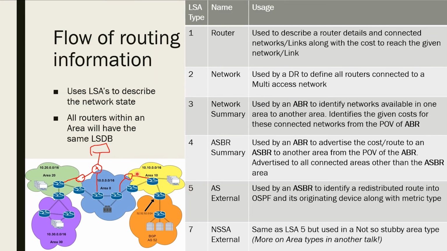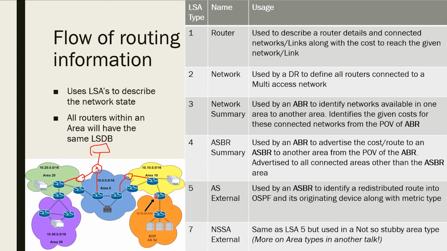So that's fine inside area 10. This device, for example, will receive a type 5 generated by this device, and it will say, okay, I know how to reach that because it's sourced from this router ID. That router ID then references a type 1 LSA, which contains all of the relevant information to reach that router ID.